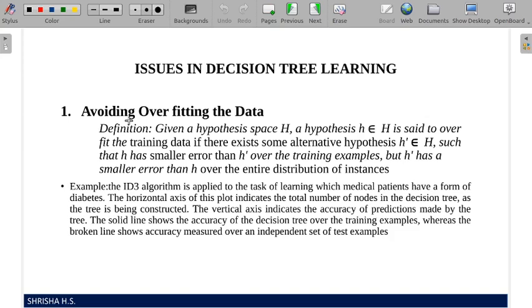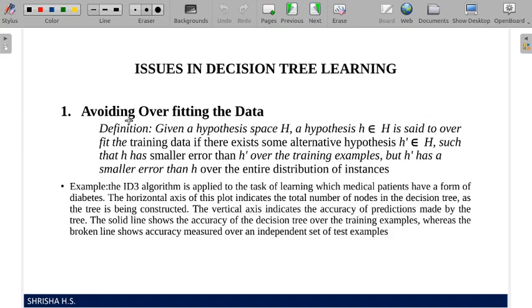Okay, so we'll see the definition. Given a hypothesis space H, hypothesis H is said to overfit the training data if there exists some alternative hypothesis H dash such that H has a smaller error than H dash over the training examples, but H dash has a smaller error than H over the entire distribution of instances. What does this mean? The hypothesis space is a collection of hypotheses which are consistent with the data set, and there are two hypotheses H and H dash.